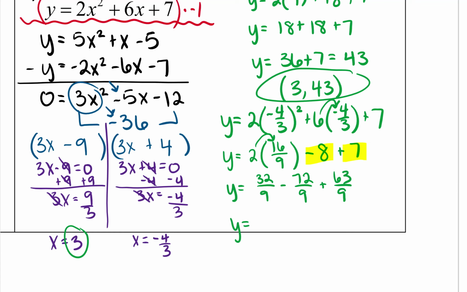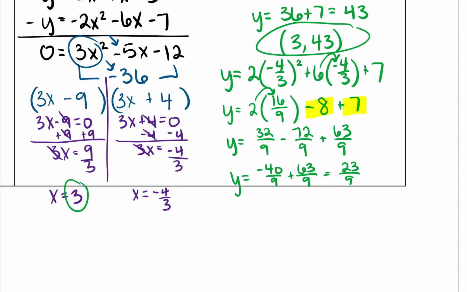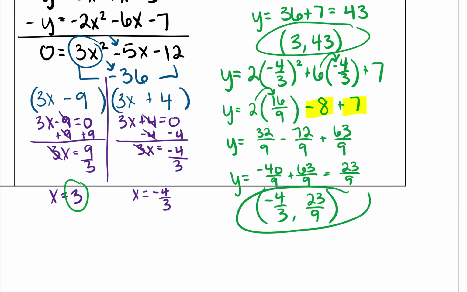So 32 minus 72, of course, is negative 40 over 9, plus 63, and that should give us 23 over 9. So that wasn't too bad. So our x on this one was negative 4 thirds, comma, and our y we got was 23 over 9. And that would be our second answer.